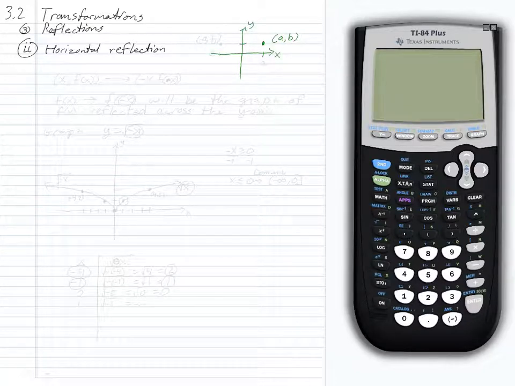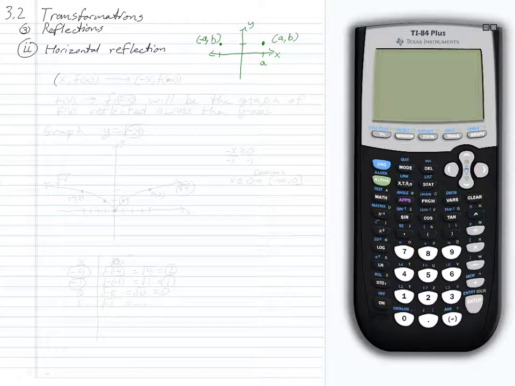Well, if I want it to be at the same height, its y-coordinate will be b. And if I want it to be on the opposite side of the y-axis, its x-coordinate will be the opposite of a. And so that's exactly how we achieve horizontal reflection when we're talking about functions.